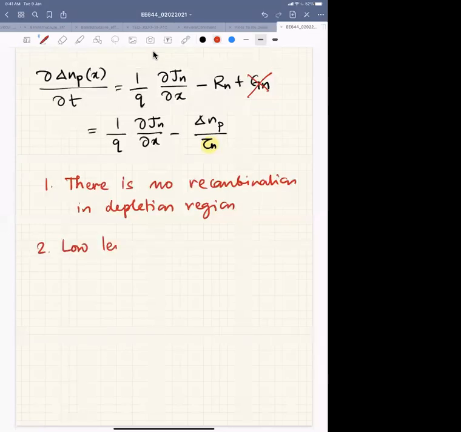What is low level injection? Low level injection means the injected electrons, delta np, are less than the doping. So the minority carriers in the p side are less than the doping. This is the condition.